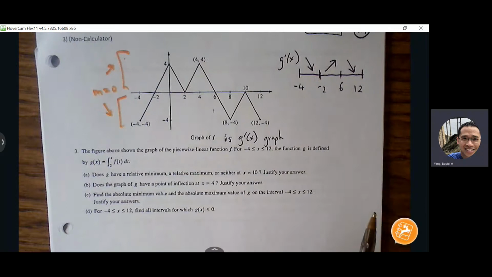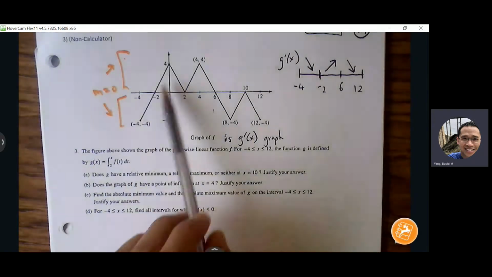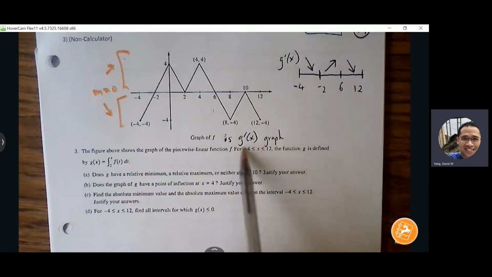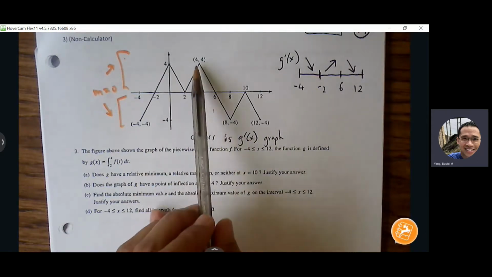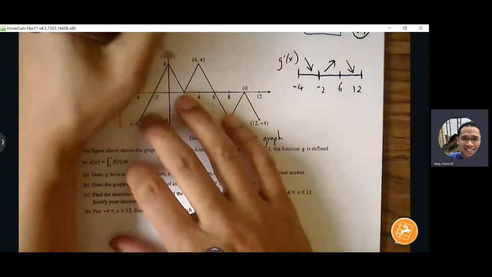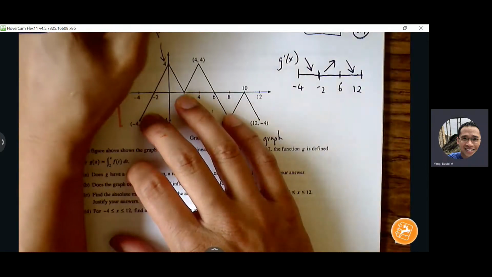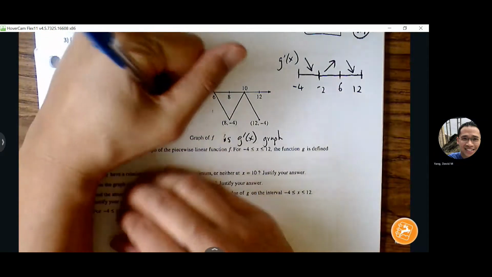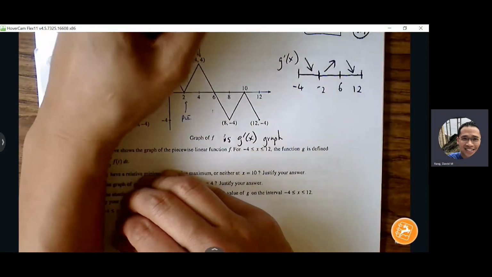For part B, does the graph have a point of inflection? Okay, so if you're looking at the derivative graph, your point of inflection is going to show up as peaks and valleys. So all these peaks and valleys are all points of inflection of the original graph.